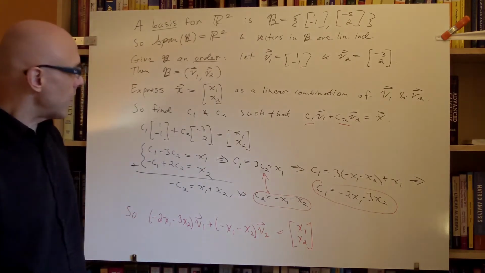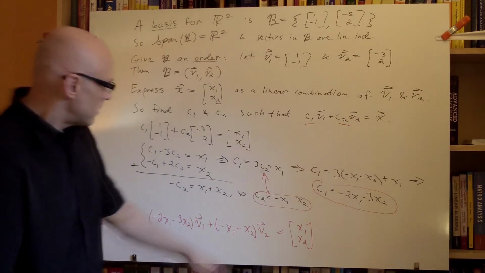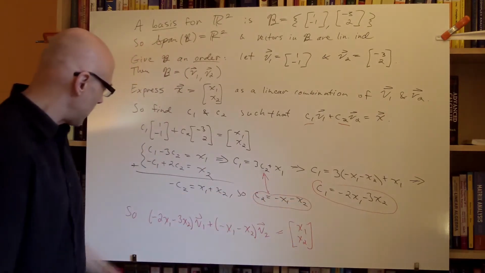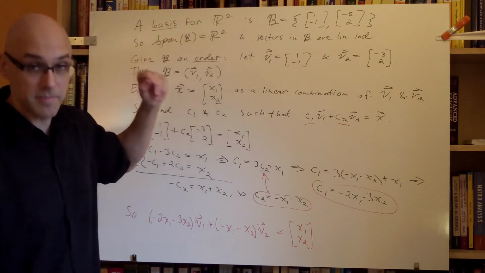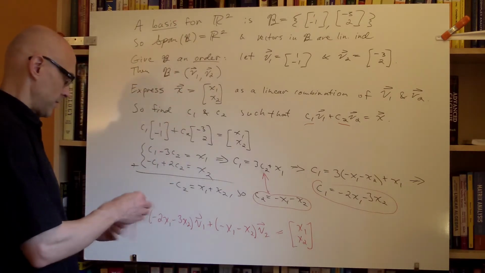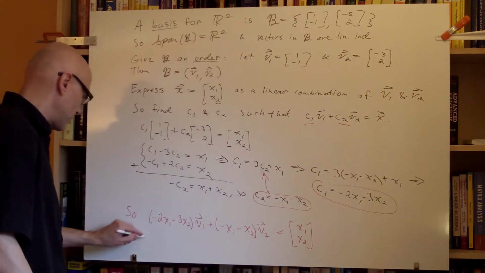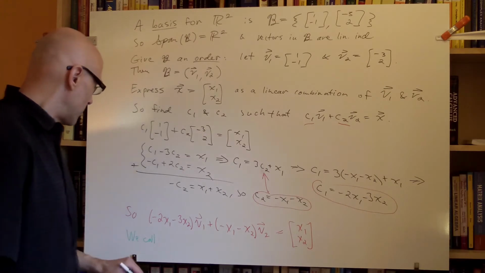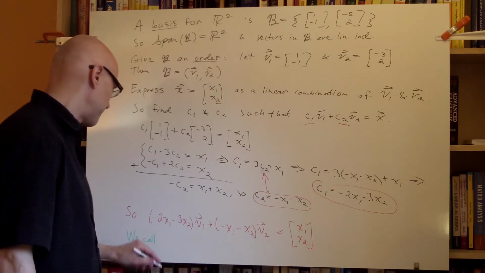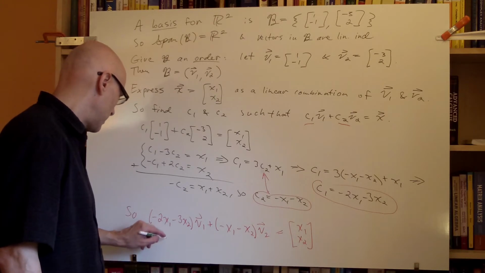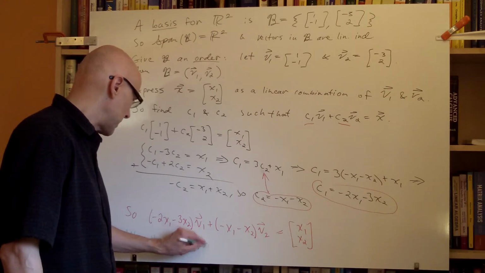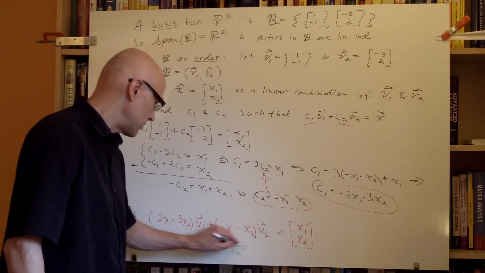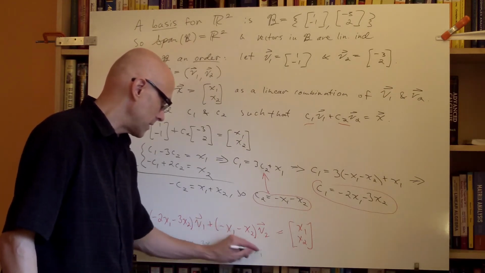So in fact, we call these values for C1 and C2 that we got here the coordinates of the vector x with respect to the basis B. So we call these guys the C1, which is negative 2x1 minus 3x2, and the C2, which is this here, negative x1 minus x2.